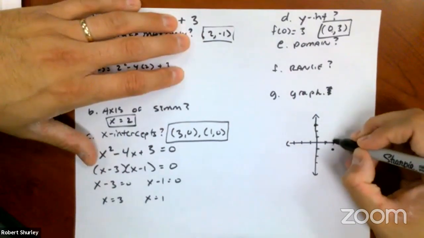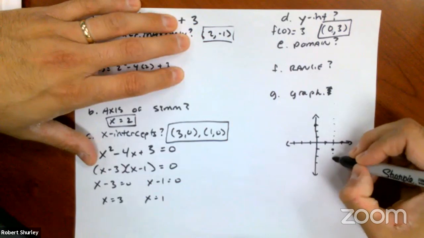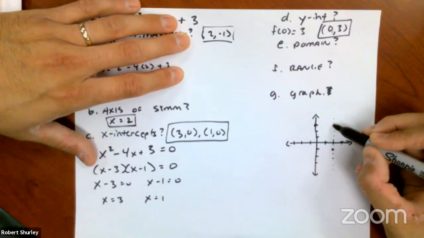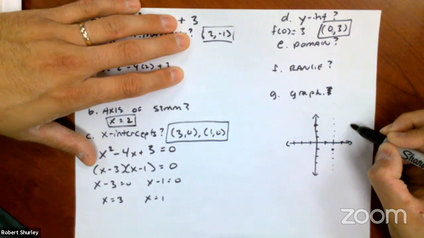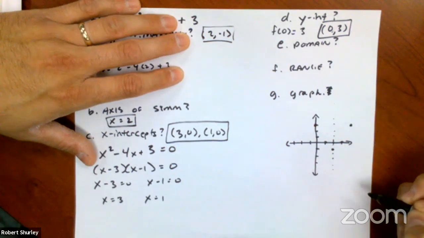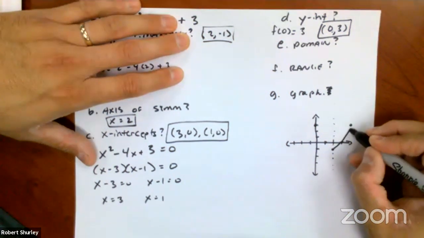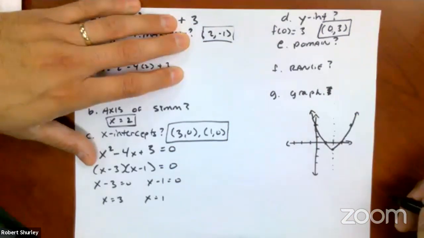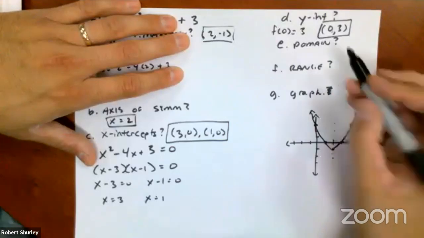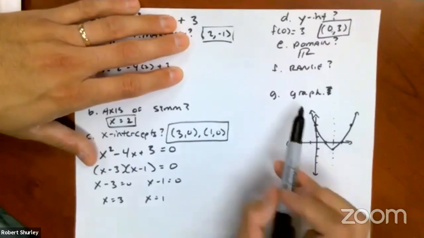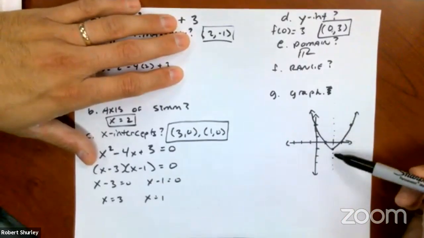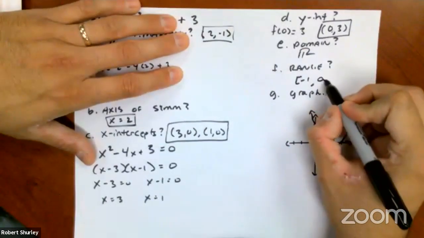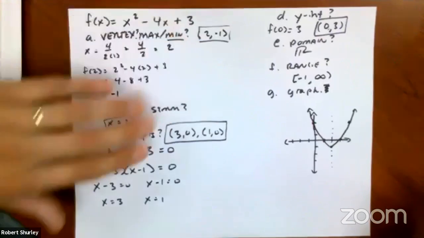If you think of this as an axis of symmetry, because the y-intercept is here, we know on the other side we have a coordinate the same distance away. So something like that, right? Our domain is all real numbers, that hasn't changed. But the range goes down to negative 1, and it goes up forever. Okay?